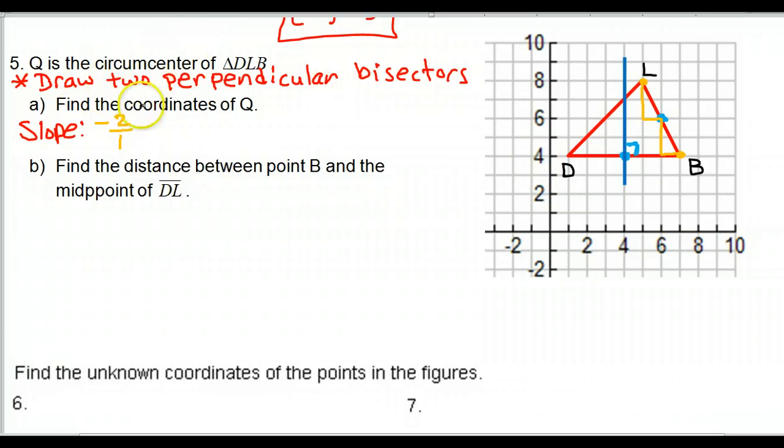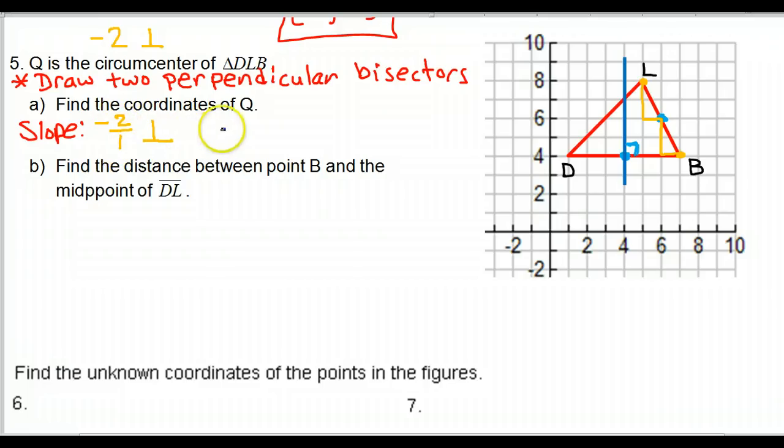Now, we need the perpendicular slope because we want a perpendicular bisector. Do you remember how to find the slope of a perpendicular line? It's got to be opposite in sign and reciprocal. That means upside down. So if this is -2 over 1, which of course normally we would just write -2, then the perpendicular line will have a positive slope.